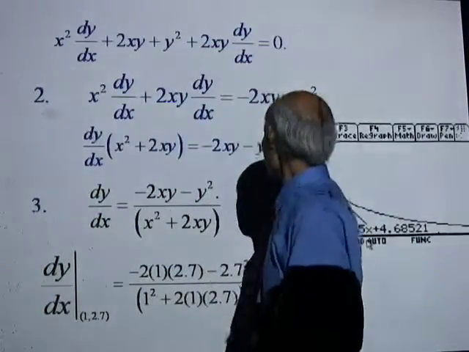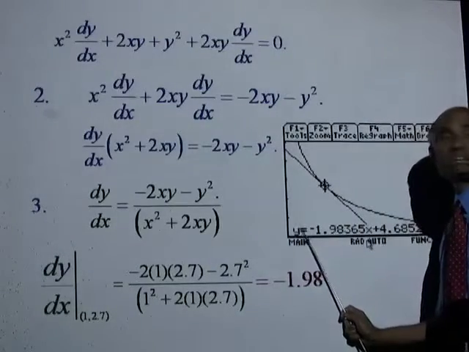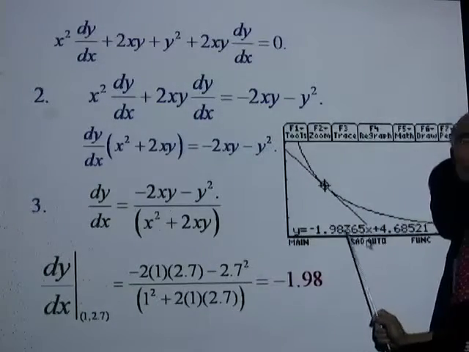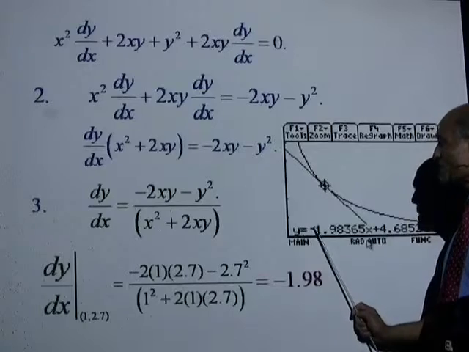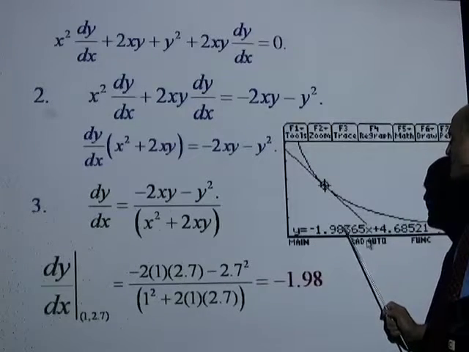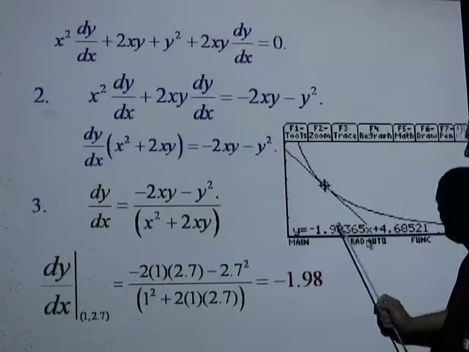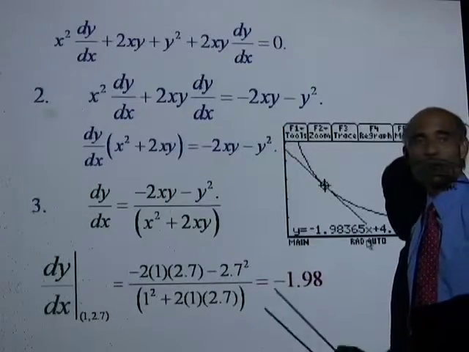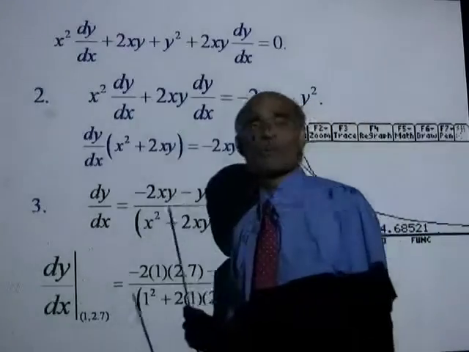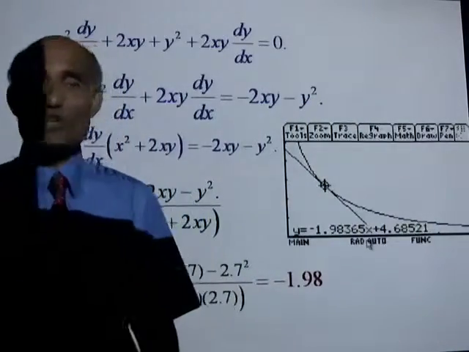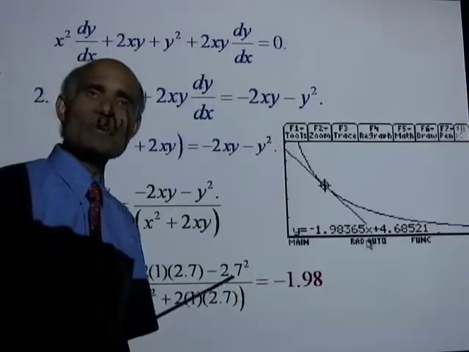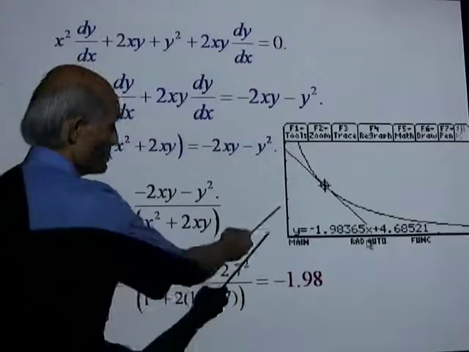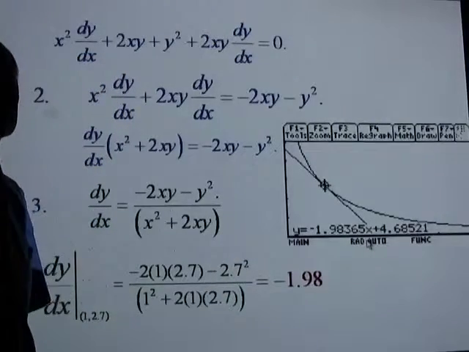I used the TI-89 and it even gives you the equation of the tangent line. And you can see y equal to negative 1.98 plus, you can see that is the slope of the tangent line which we got. Alright, try and do this graph on your own, on your calculator. Solve for y from the given equation and use that to draw the graph.